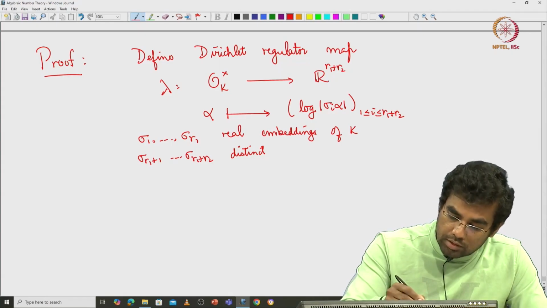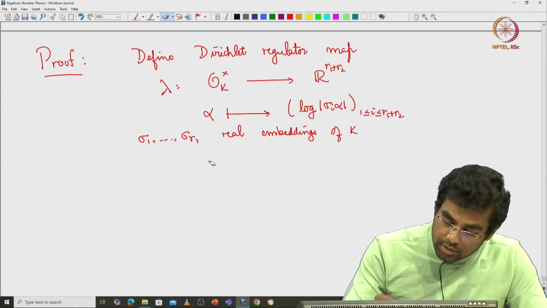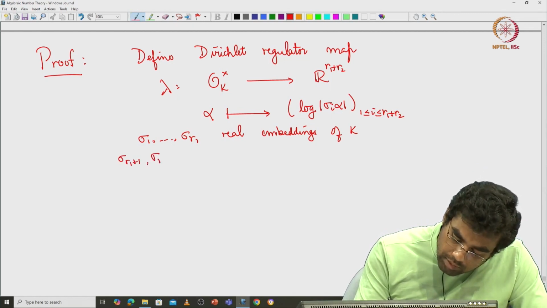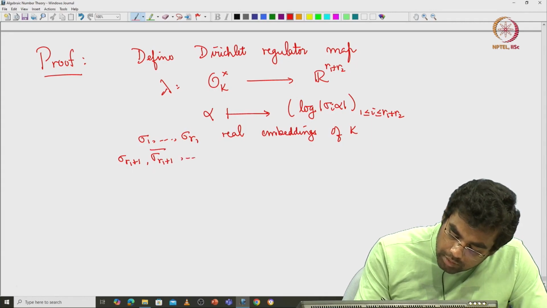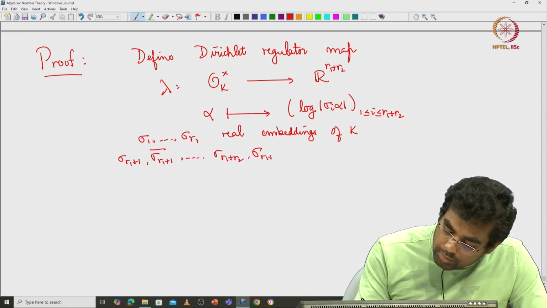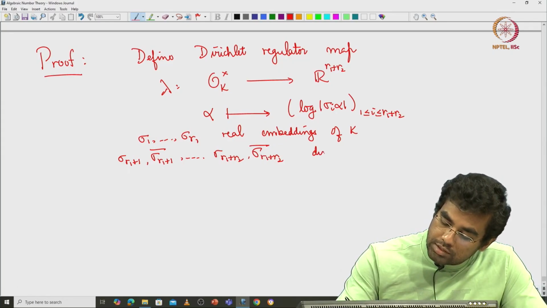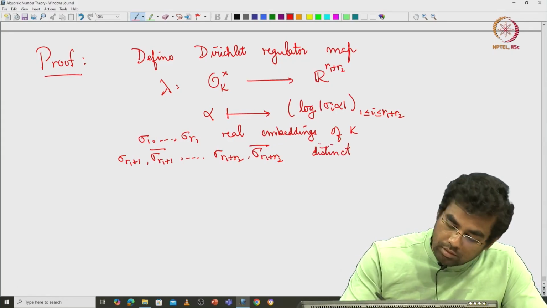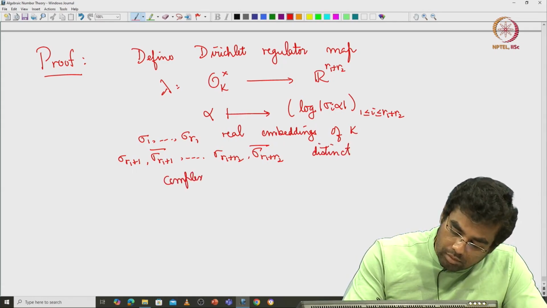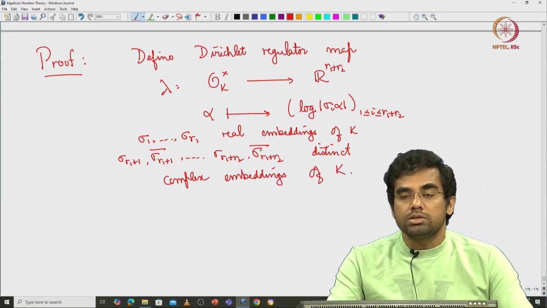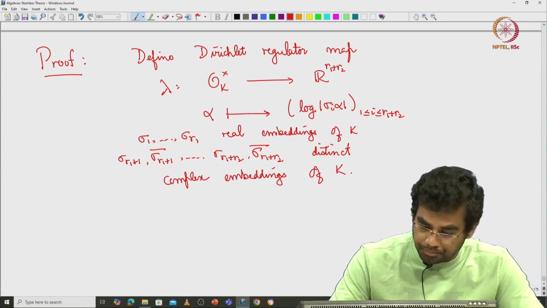Maybe just to make it somewhat less ambiguous, I'll write it as sigma R1 plus 1, sigma R1 plus 1 bar, and so on, sigma R1 plus R2, sigma R1 plus R2 bar, bar being the complex conjugation. These are distinct complex embeddings of K. Okay. So, this is a notation that we have seen before.